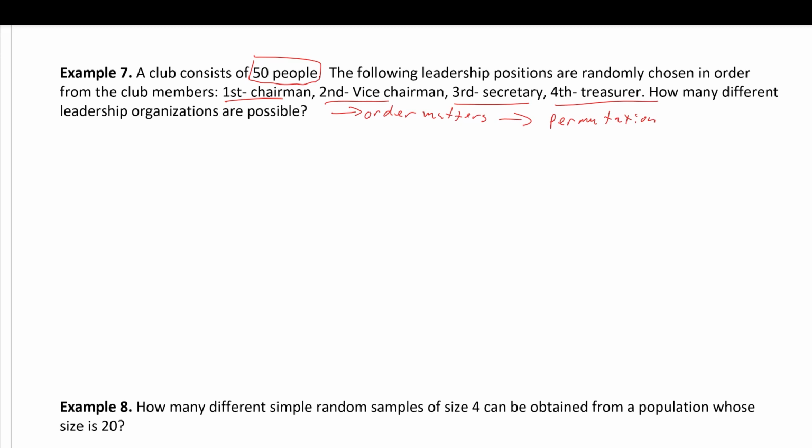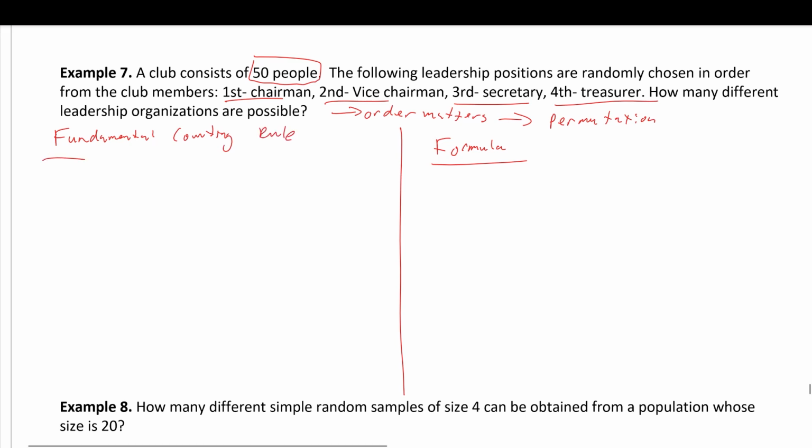All right, again, let's do this 2 different ways. I mean, there's the formula way, which is mindless, but let's use the fundamental counting rule. Again, there are 4 different choices being made.